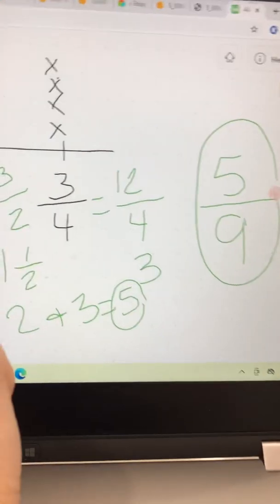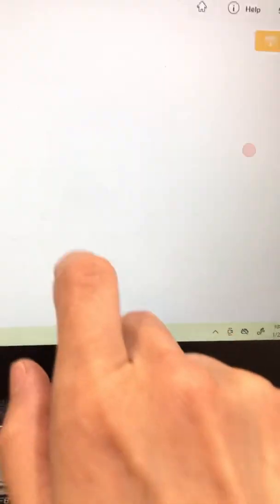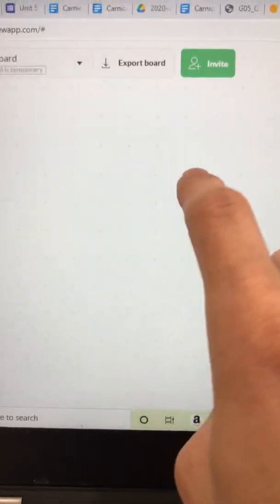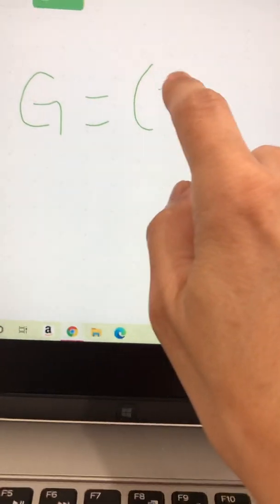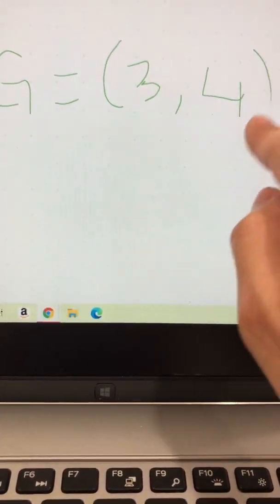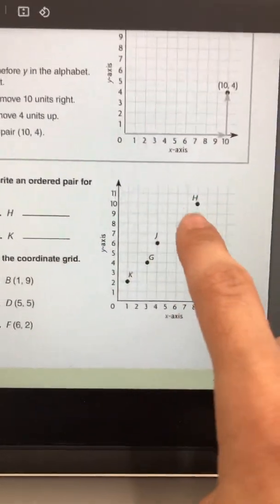So let's erase all of this. Okay, so for G, it would equal 3, 4. Let's practice H. H is all the way over here.